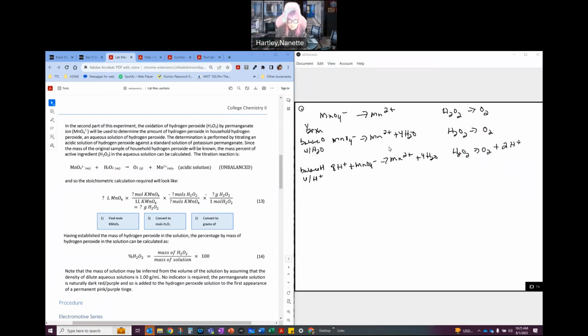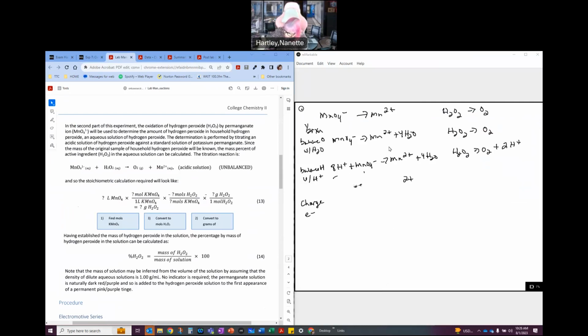The next thing I deal with is the charge. And I balance that using the electrons. Now, my net charge, here I have 7 plus minus 1, and that gives me a total of 6 plus on this side. And I have a 2 plus on this side. Oh, sorry. I'd already done the math.